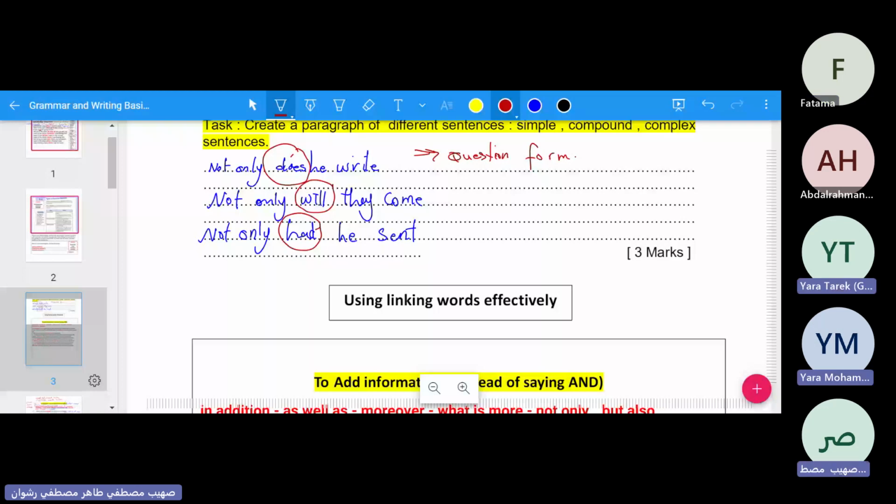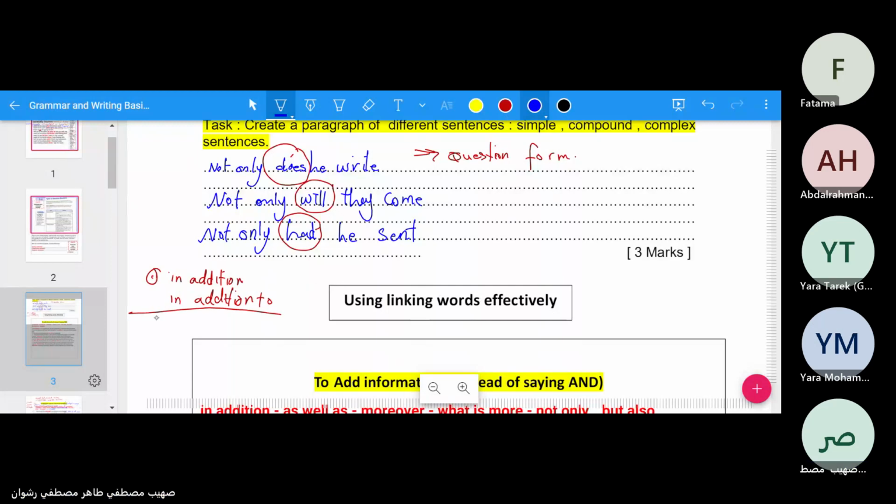Okay, great. So the task now is that I need you to use these linking words in examples. Number one: in addition to. There is a difference between this pair, so pay attention to the difference.